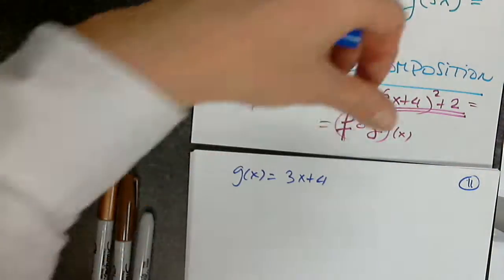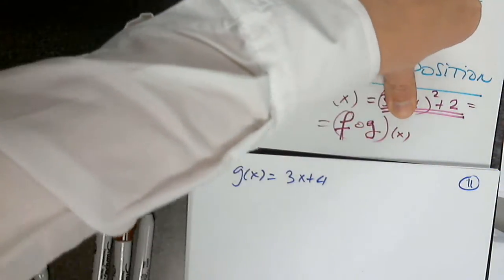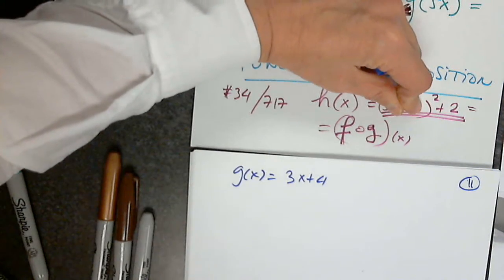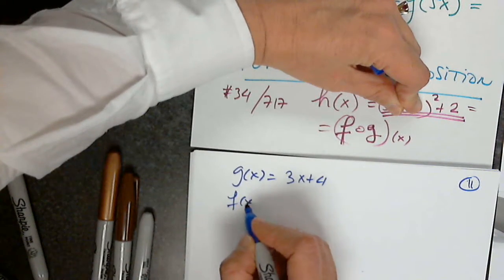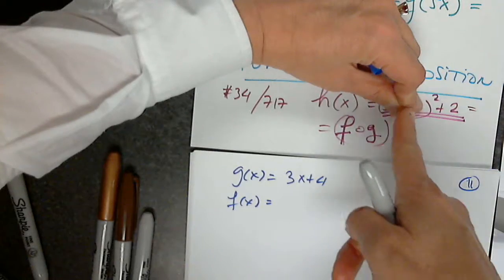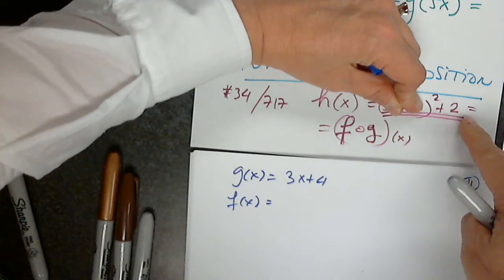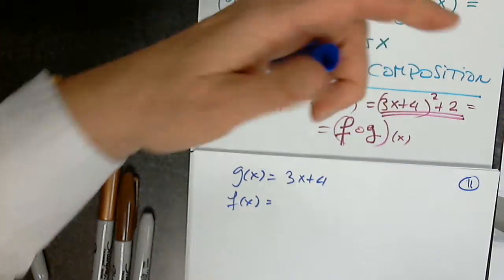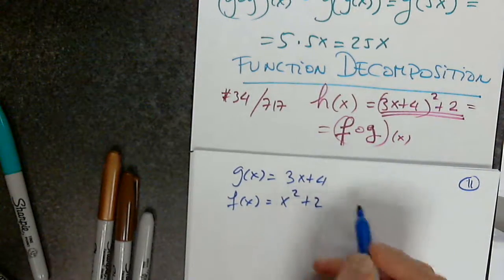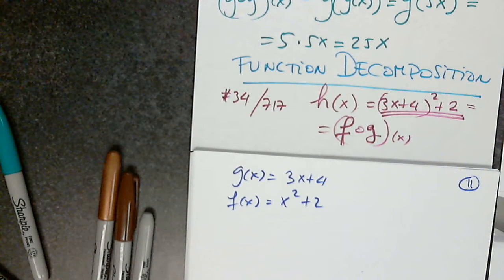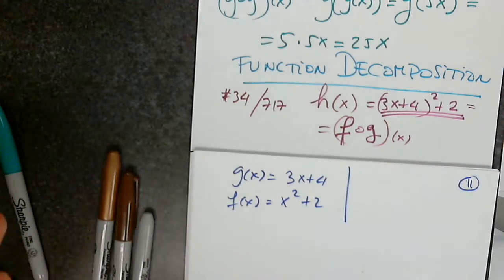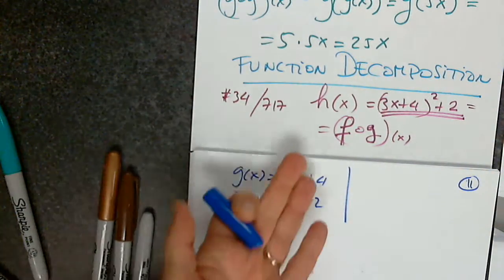That's your inner. So you got one number. This is just one number now. So now give me the function that will use one number squared plus 2. X squared plus 2. That's it. Let's see another option, and then let's check one of these options to make sure that we get that.